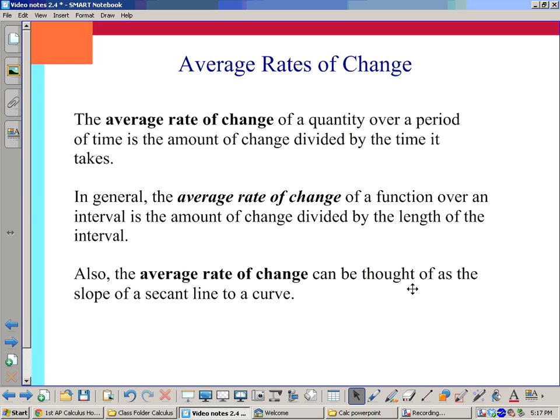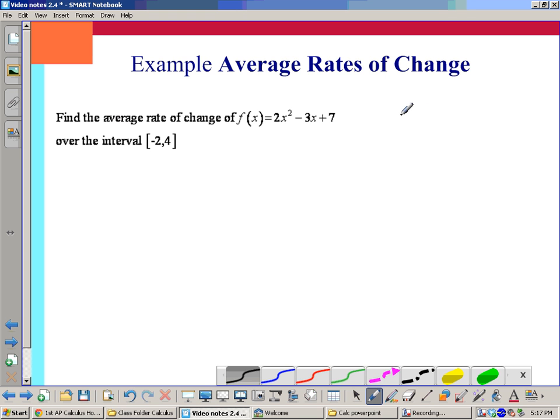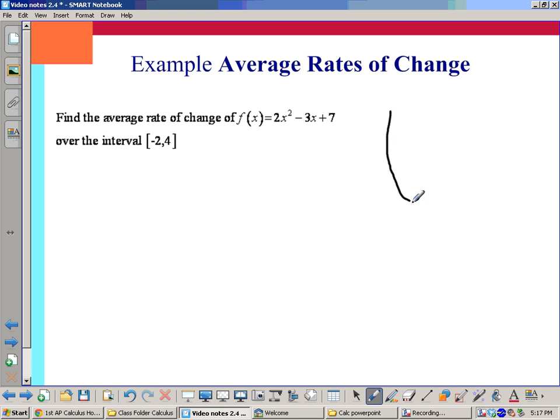The average rate of change can be thought of as the slope of a secant line. So we'll have to define a secant line here as the line that connects two points on a curve. So if we had a parabola here, just in general, and x equals -2 here, and x equals 4.